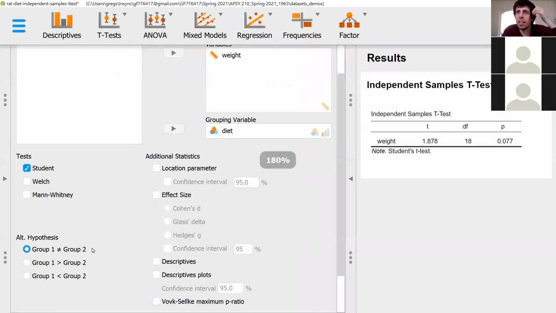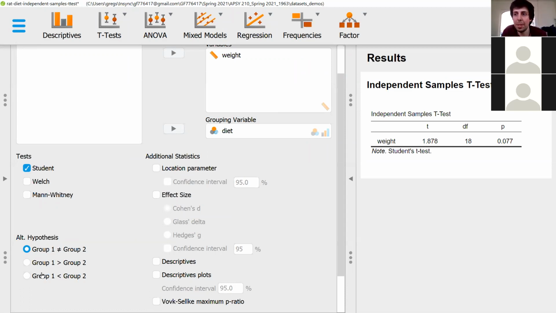Group 1 does not equal group 2. That sounds to me like a non-directional two-tailed test. This one here, group 1 is greater than group 2, is a one-tailed upper test. And this one here, where group 1 is less than group 2, is a one-tailed lower test.